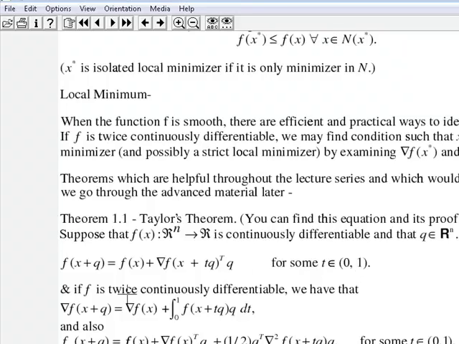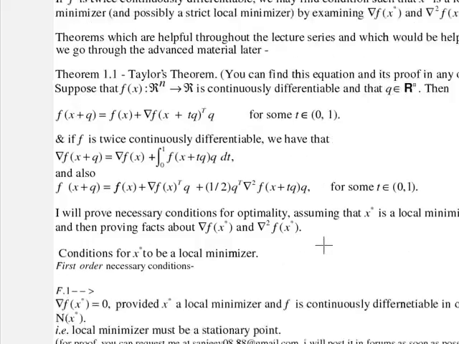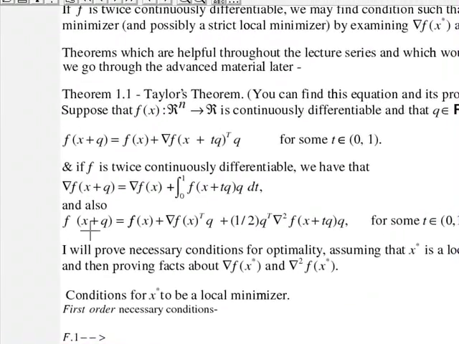And if f(x) is twice differentiable, then del f of x plus q is equal to del f of x plus the integral from 0 to 1, over t. Also, very important, f of x plus q is equal to f(x) plus del f(x) transpose q plus half of q transpose del square f of x plus tq times q, for some t belonging to 0 to 1. So x plus q is in the vicinity of x.